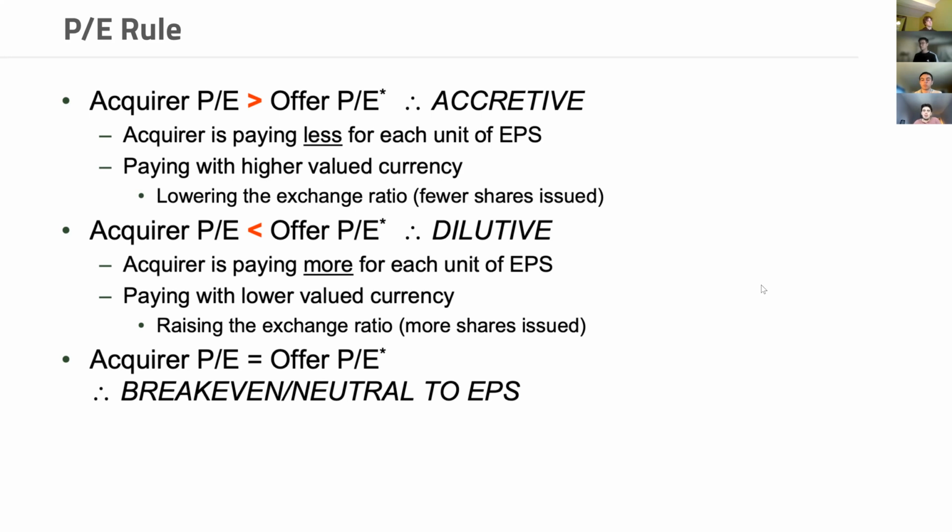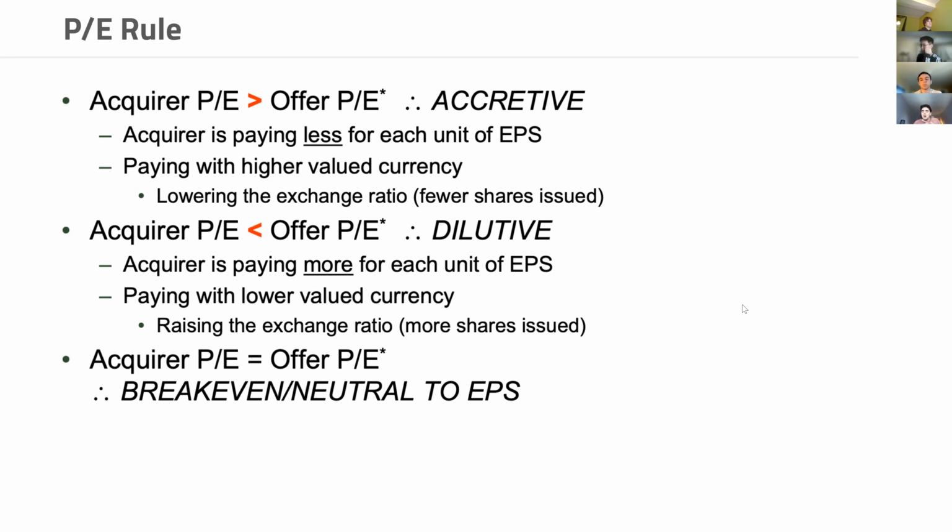It comes down to this price to earnings rule, which can also be thought of as earnings yield. When the acquirer's PE is greater than the target's PE, the deal is accretive, and the flip side is also true. This is a trick you can use in interviews to tell very quickly whether a deal is accretive or dilutive.